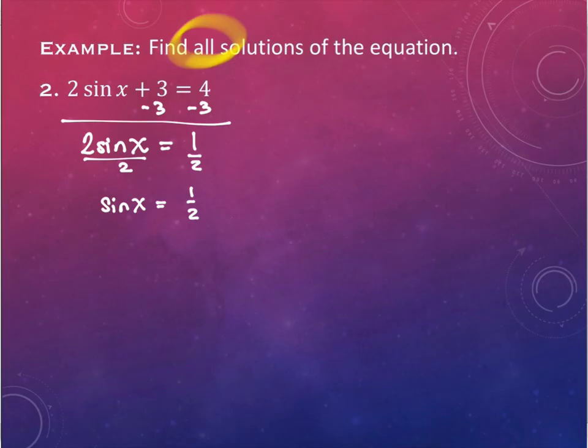When we get to number 3, it says we just want the answers on the interval 0 to 2 pi. This question doesn't say that. If this question said I only want the answers on the interval 0 to 2 pi, then we will have 2 answers. But because this says I want all solutions, we're going to have to do something a little bit different at the end of this problem, okay?